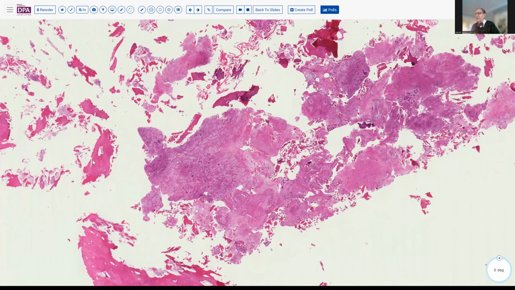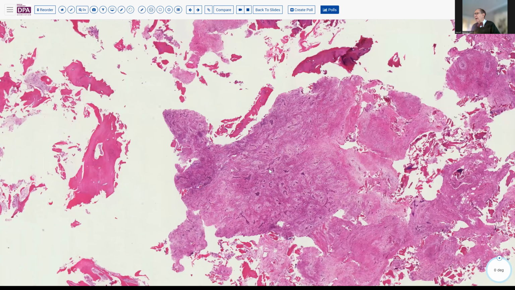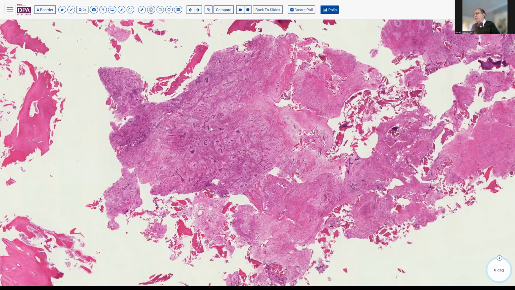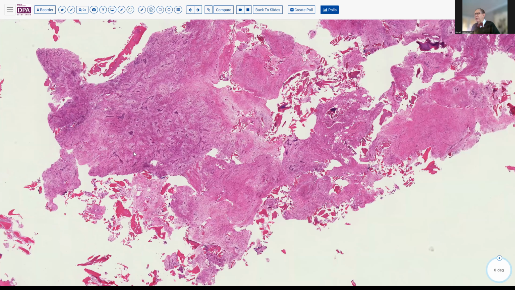And here we can see some lamellar bone, kind of characteristic cortical pattern bone. And then we have this fibrous tissue, which has areas of sort of hypocellularity, and then these little nested areas that are sort of serpiginous and angulated in various ways.